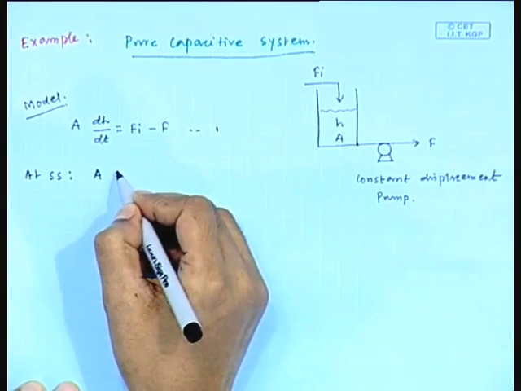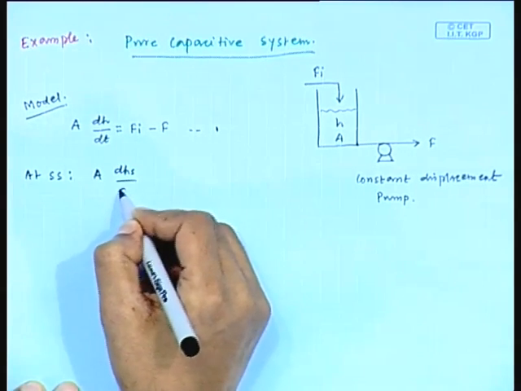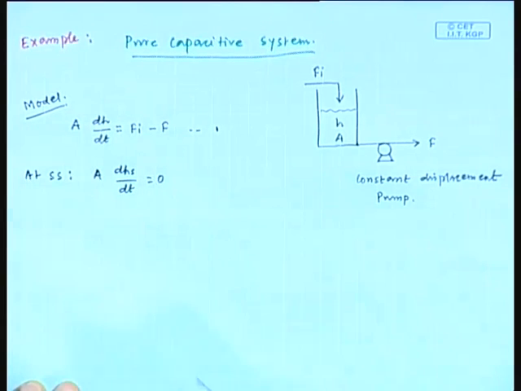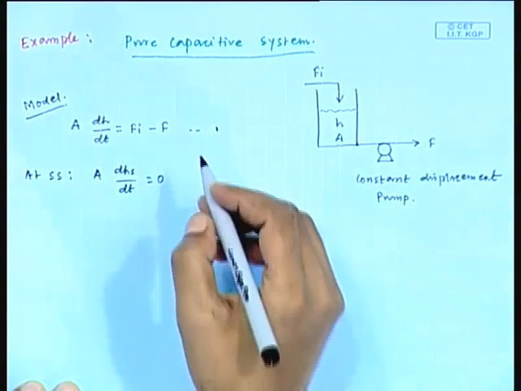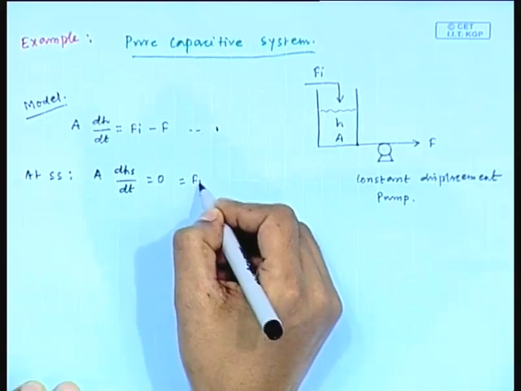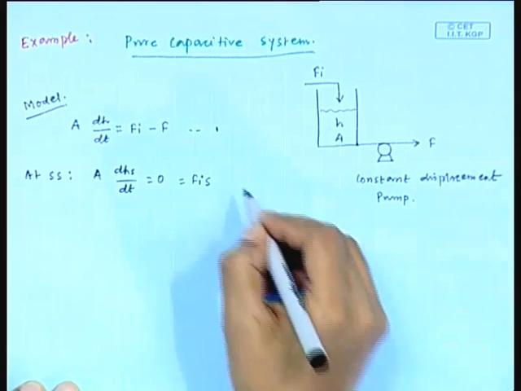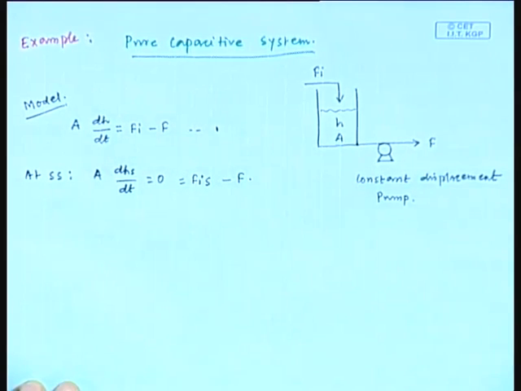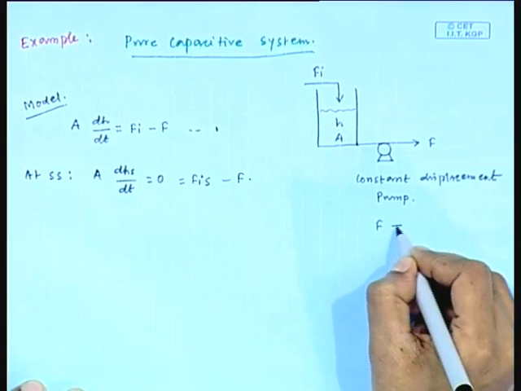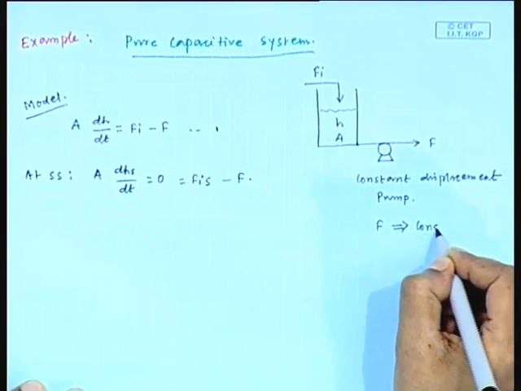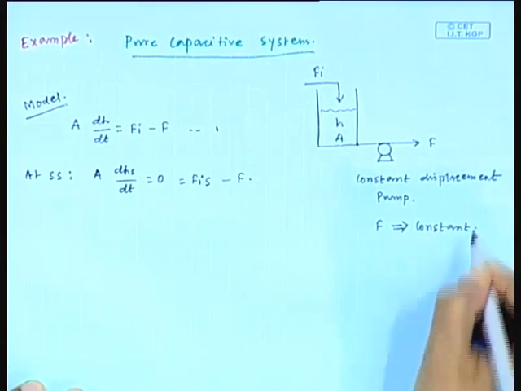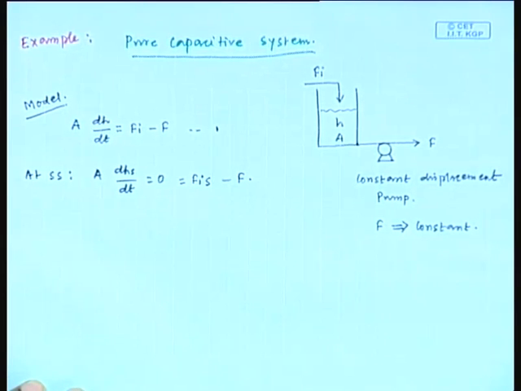At steady state we get dHs/dt, which is nothing but 0, equal to Fi minus F. I told that for the case of constant displacement pump, F remains constant.